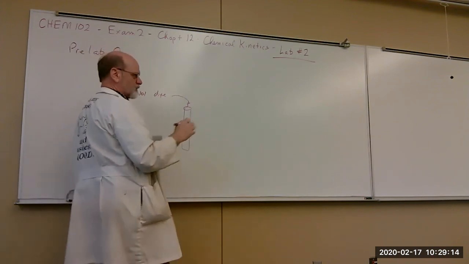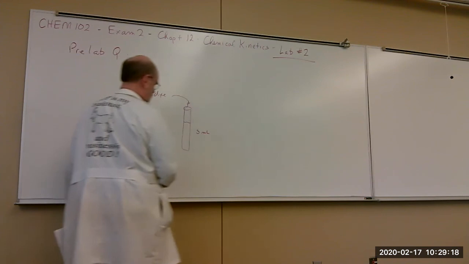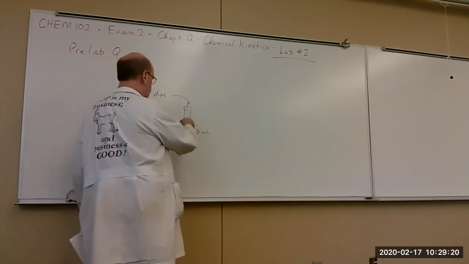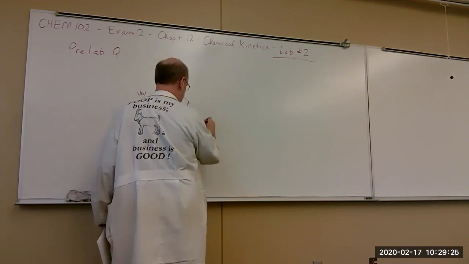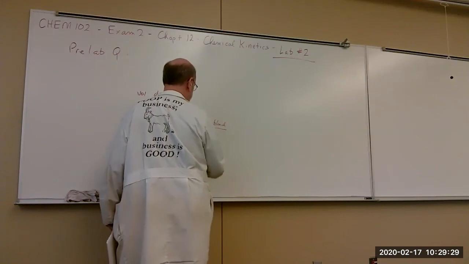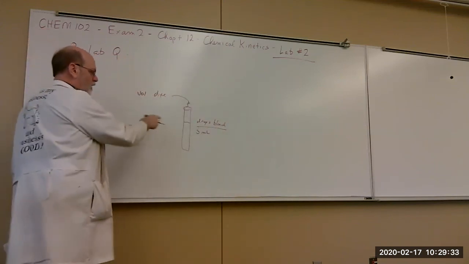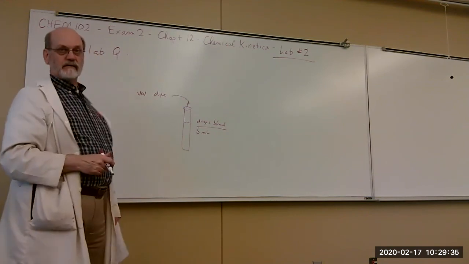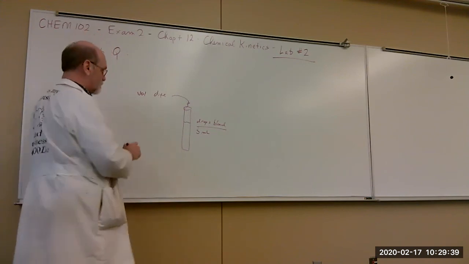Say it's, just for argument's sake, 5 milliliters. Right, so many drops of bleach per 5 milliliters of dye. But your cuvettes are not going to be 5 milliliters. Right, your cuvettes may be 2 milliliters.